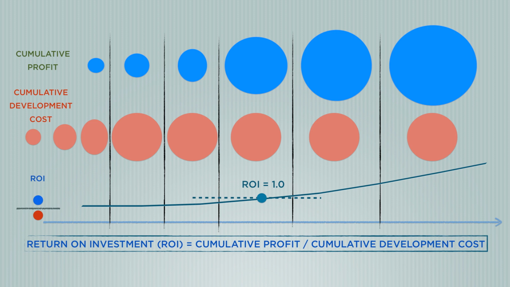That's all there is to it as far as a simpler way of looking at the return on investment. Now, anyone with a financial background will definitely say that, look, there's a lot more to it than taking the profit and dividing it by the development cost. True. Agreed.